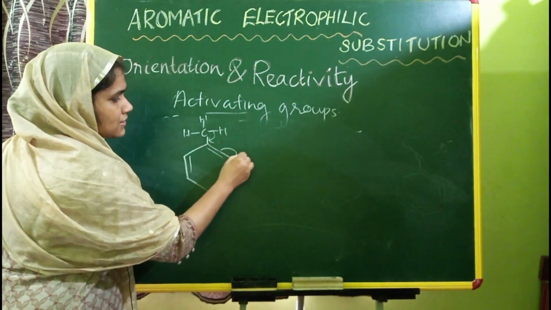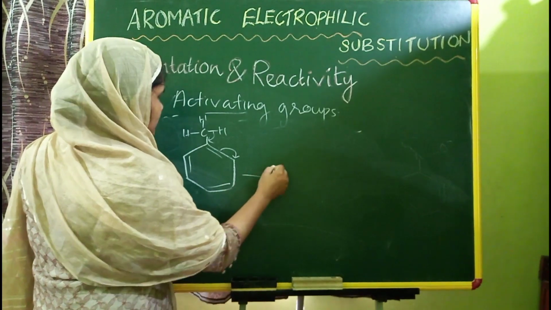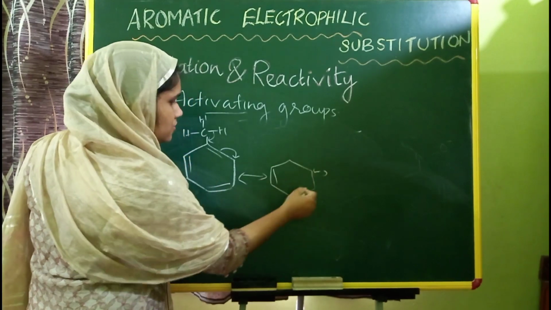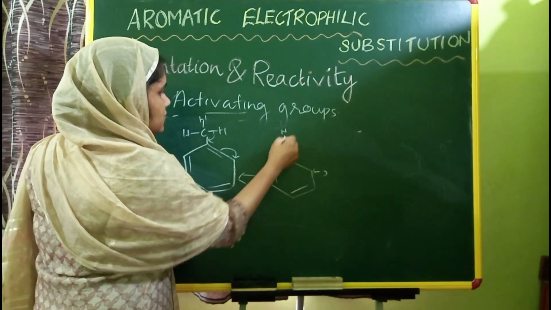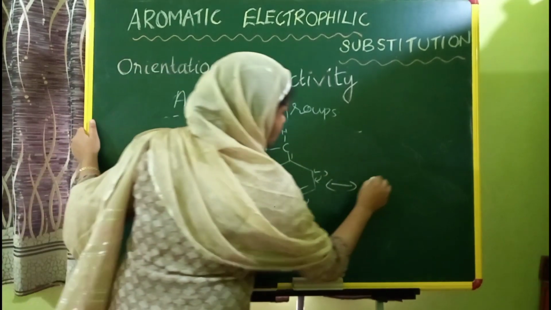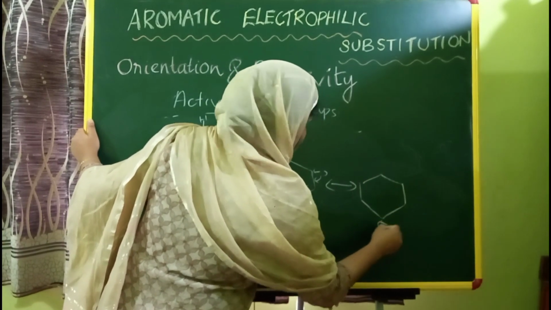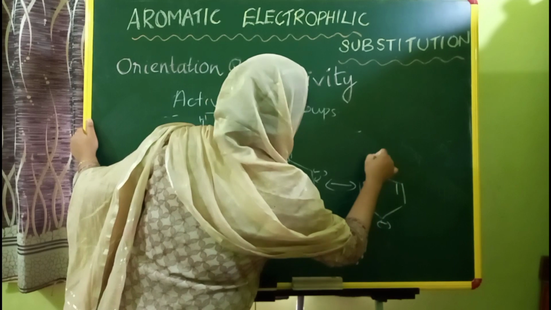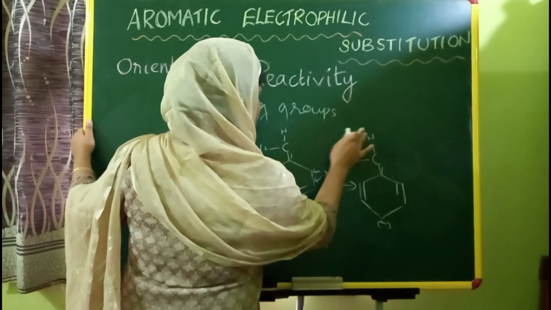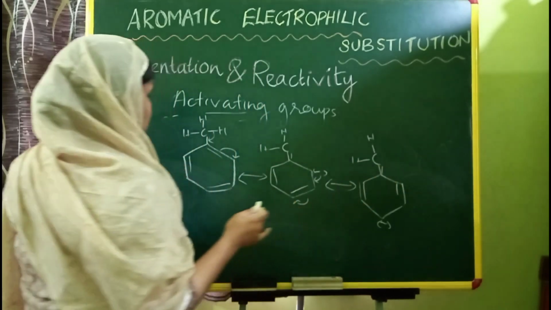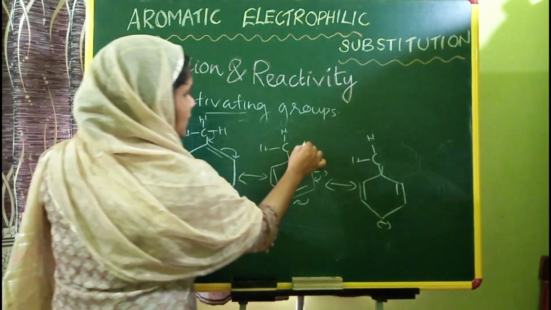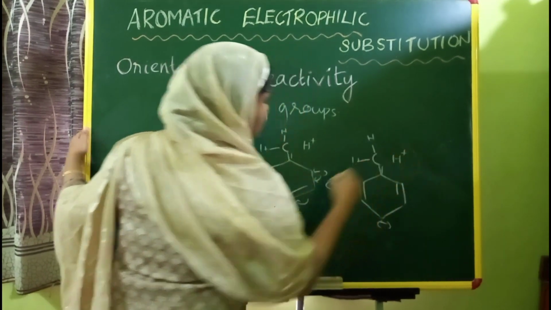If you write the hyperconjugative structure, you can see here negative charge, here CH, etc. The next resonating structure will be similar to the earlier case. Minus, here double bond, H. Here there will be an H plus existing here.